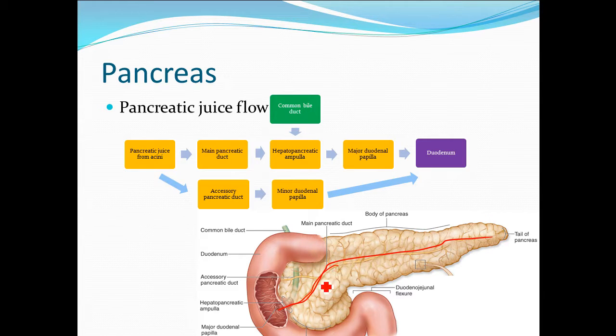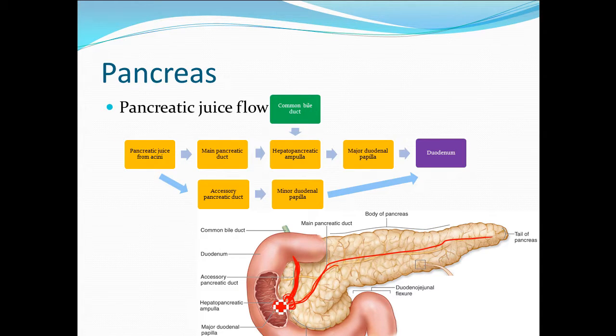If we continue with the main pancreatic duct, it fuses with, what do you call this structure over here? Common bile duct, okay, and then goes to this enlarged area called the ampulla, right? The hepatopancreatic ampulla, and then goes through this little structure here.